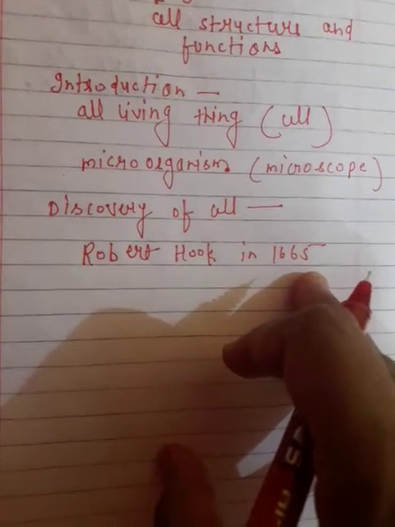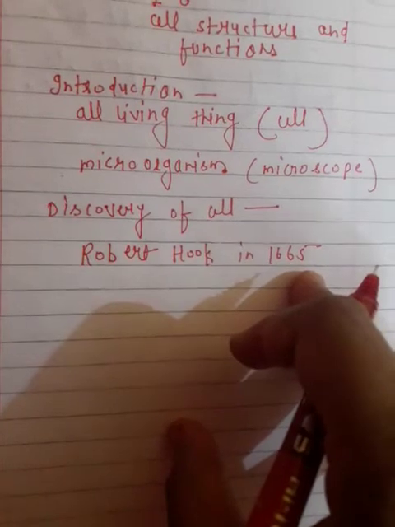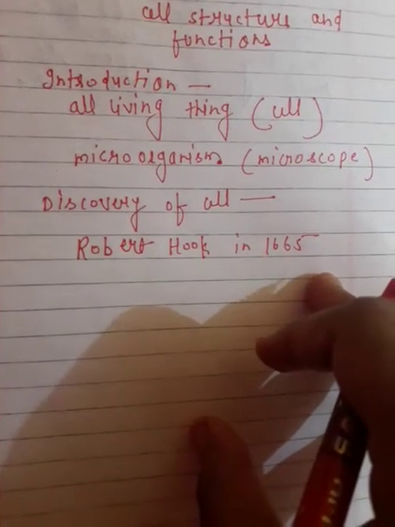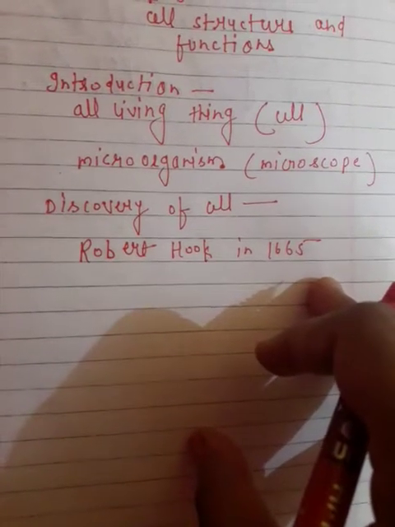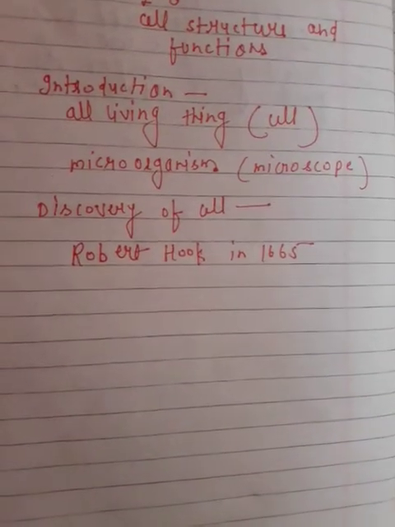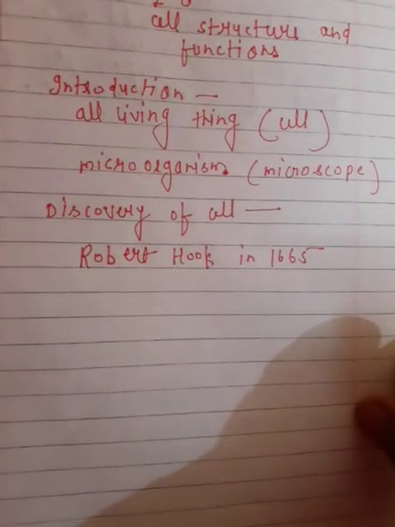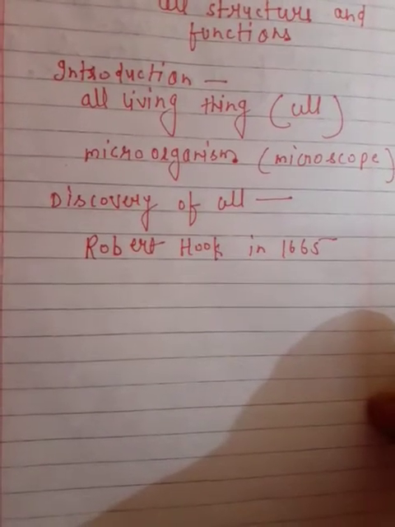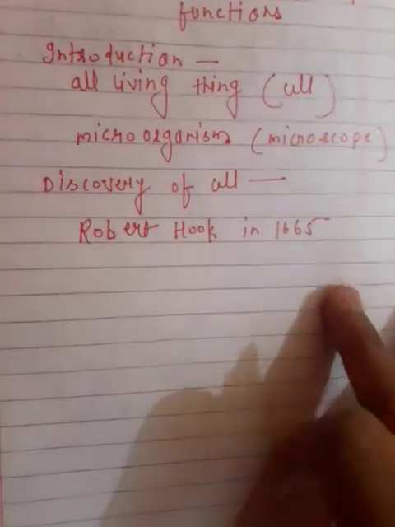He found that cork was made of box-like compartments forming a honeycomb structure, and he named these box-like compartments cells. What Hooke observed as boxes or cells were actually dead cells. He demonstrated his work to scientists at the Royal Society of London.